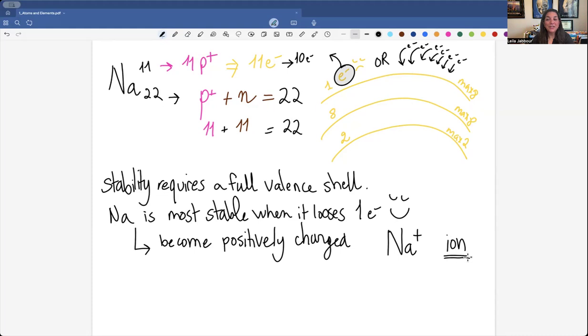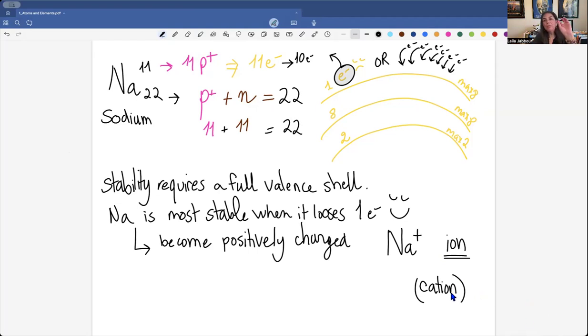That's what an ion is. It's an atom that has either lost or gained an electron. In this particular example, the sodium atom lost an electron and became a positively charged ion. We also call this a cation. And negatively charged ions will be called anions.